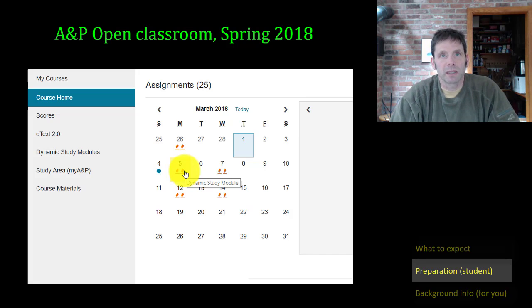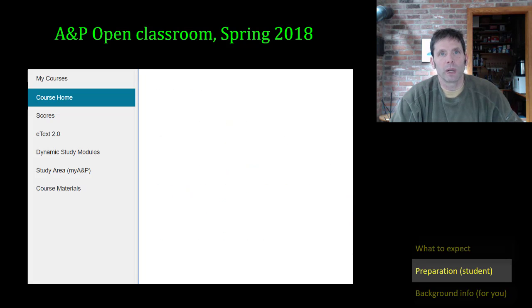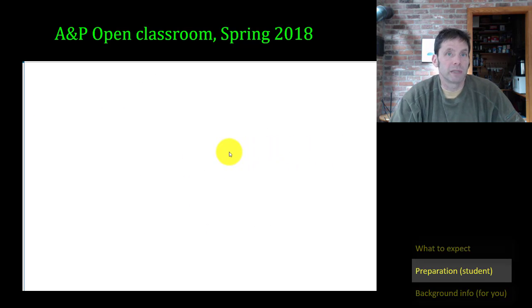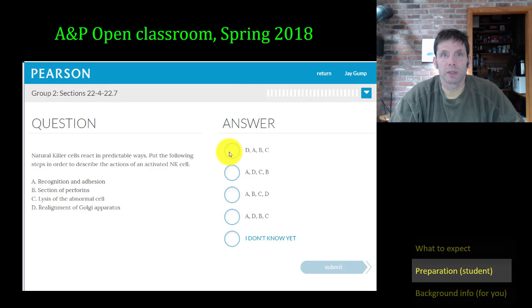It has a lot of lab exercises, some virtual anatomy resources, a lot of different things that are useful, but one of the most useful, I think, are the dynamic study modules, which is a way to go through and read the chapter in an inquiry-based way. Some students will read the chapter first and go through these modules. A lot of students will not even read the chapter, but use this as a tool for going through the chapter. And how it works is there are a series of questions.